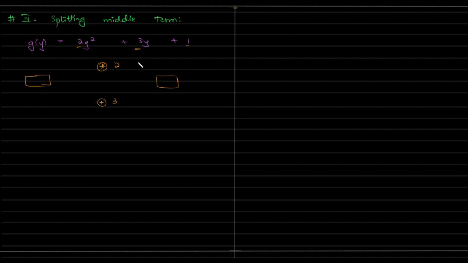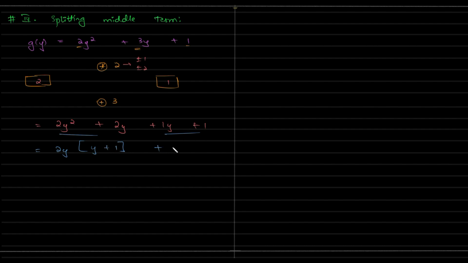So the factors of 2 are plus or minus 1, plus or minus 2. So 2 ones are 2 is one of the possibilities. So plus 2 plus 1 when multiplied is plus 2, when added plus 3. So we have the right split. So 2y plus 1y plus 1. And what is common between these two? 2y, and you have y plus 1.